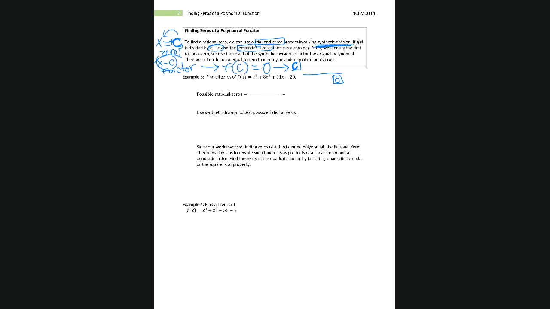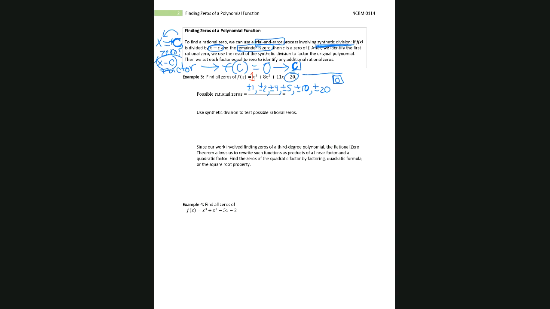And we have here the factors. We're going to need to list the factors of the constant term of -20. So we'll have plus minus 1, plus minus 2, plus minus 4, plus minus 5, plus minus 10, and also plus minus 20. Now, thankfully, we have a leading coefficient that is equal to a 1.